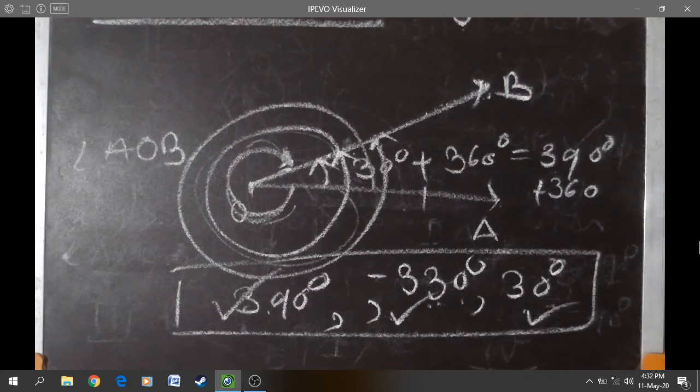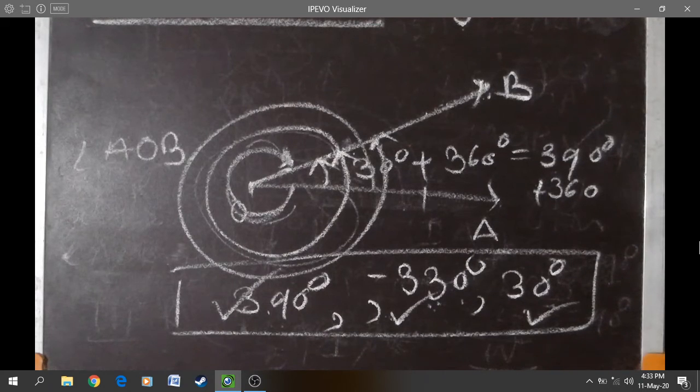Because rotations are only in multiples of 360. So we can see here 390 minus 330 is 720, which is 2 into 360. It should always be a multiple of 360. 30 minus 330 is also 360. So it should be a multiple of 360 degrees.